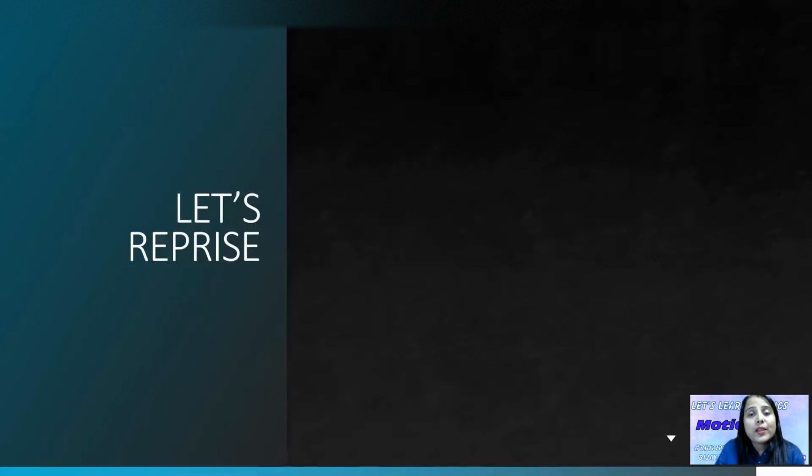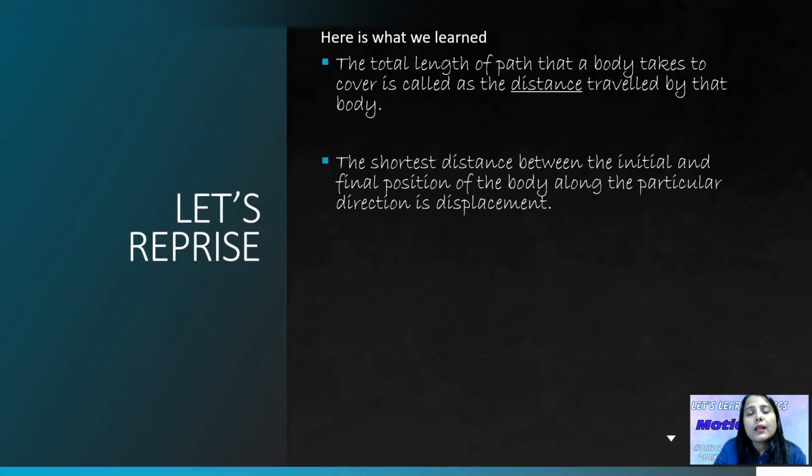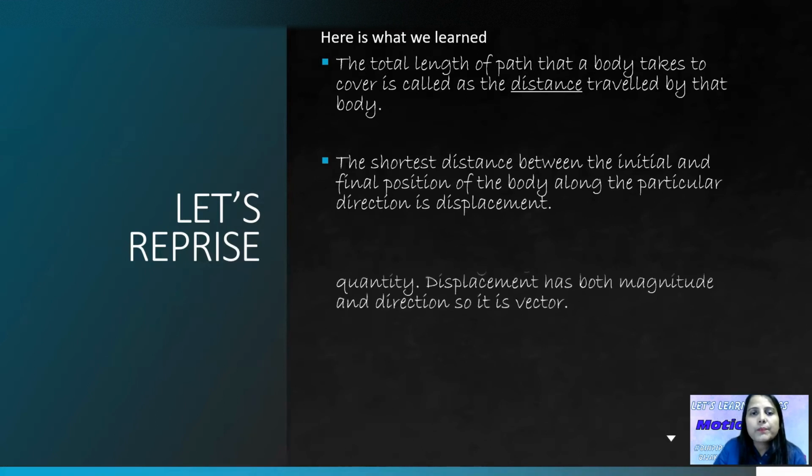Now let's recap what we have done so far. We learned here about the distance. It's nothing but the total length of the path that a body covers. The shortest distance traveled by the body in a particular direction is displacement.